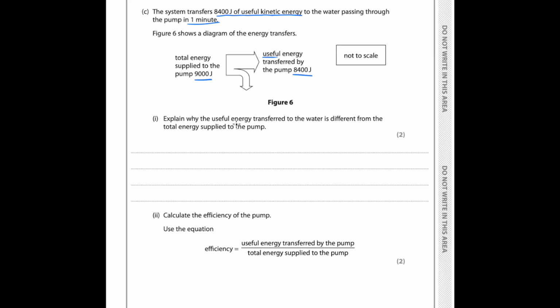Explain why the useful energy transfer to the water is different from the total energy supply to the pump. Well, we've got energy that gets wasted, and it'll be as heat to the surroundings. That's your standard answer when talking about energy transfers.